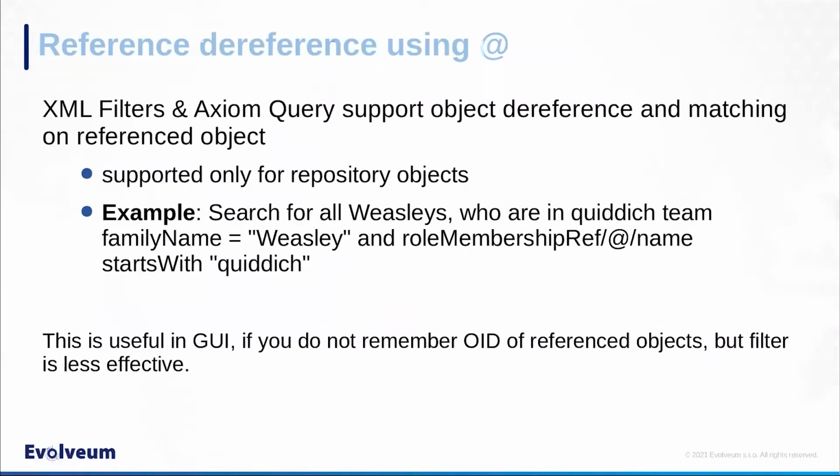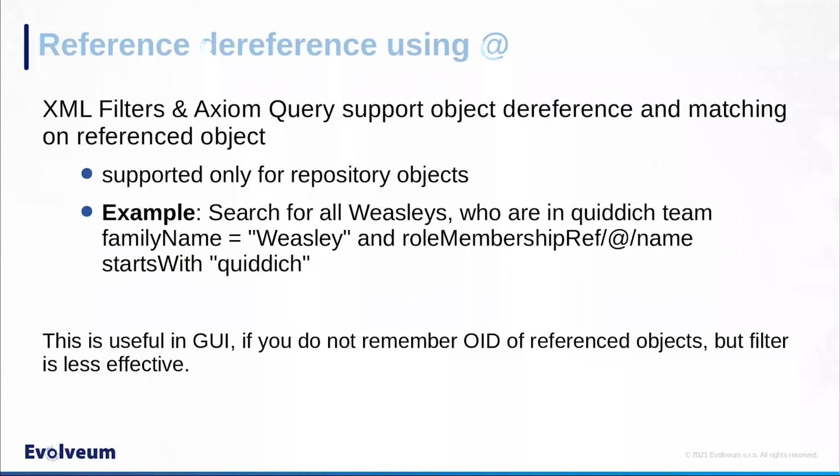So it is possible to dereference the reference. For example, if you want to match not on the object itself, but on any of its references, you can use an at symbol to dereference these objects.